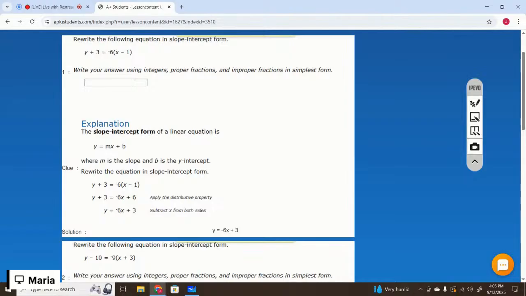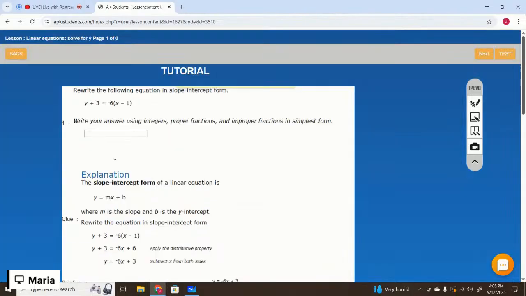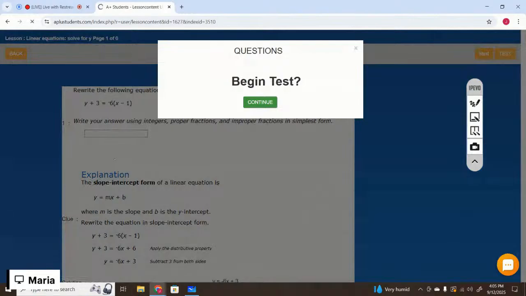The slope-intercept form of a linear equation is y equals mx plus b. y plus 3 equals negative 6x plus 6. y equals negative 6x plus 6 minus 3. y equals negative 6x plus 3.